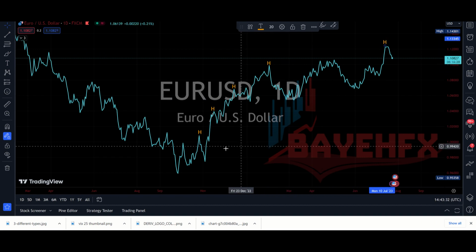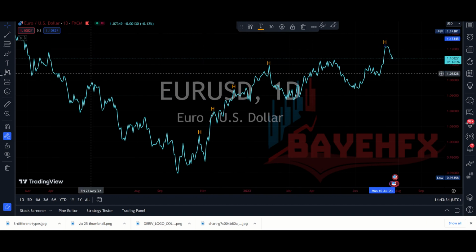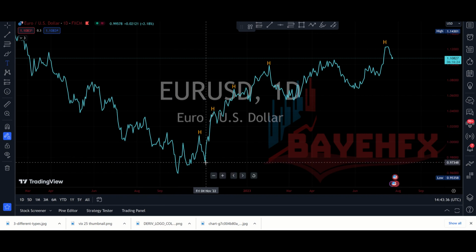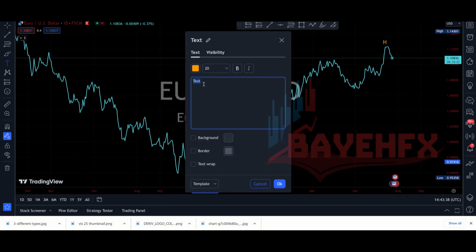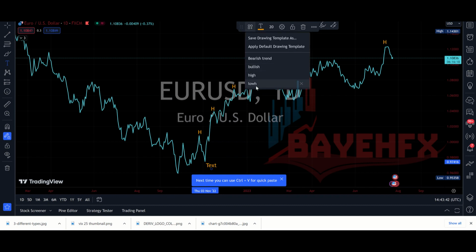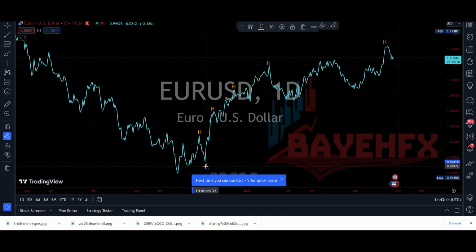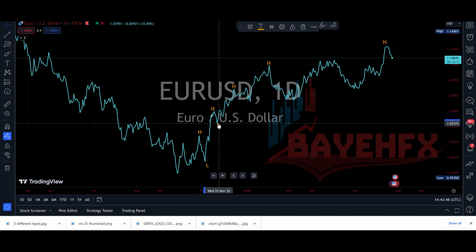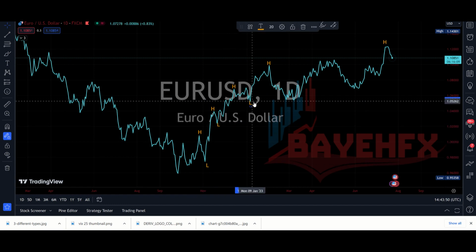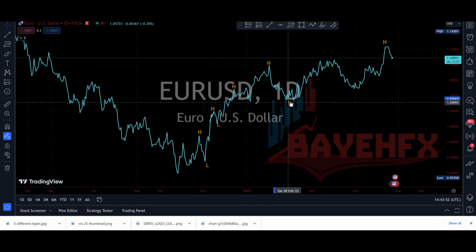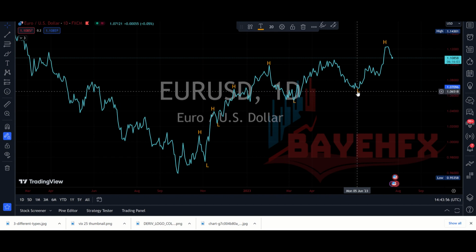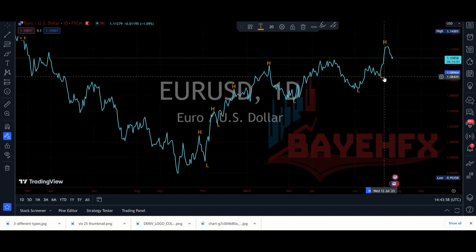And then here we had the market making lower lows, right? This is our low here in the market. See here, it's been making lows, right?